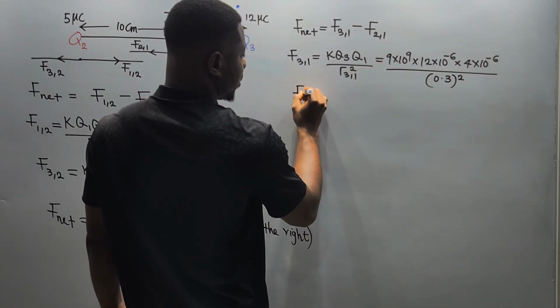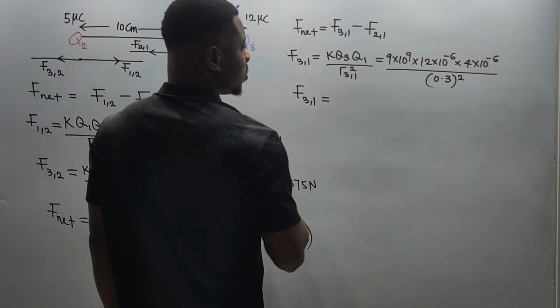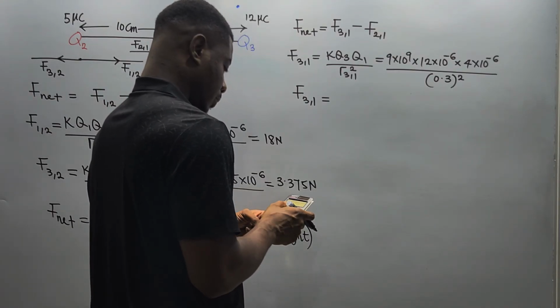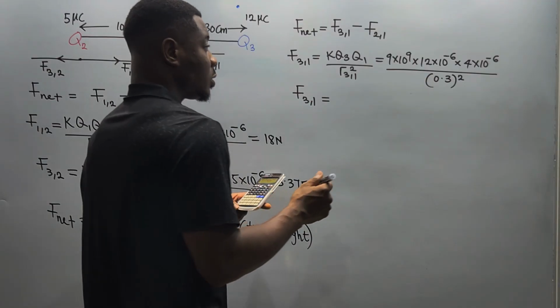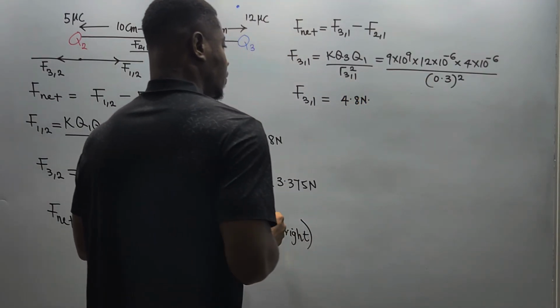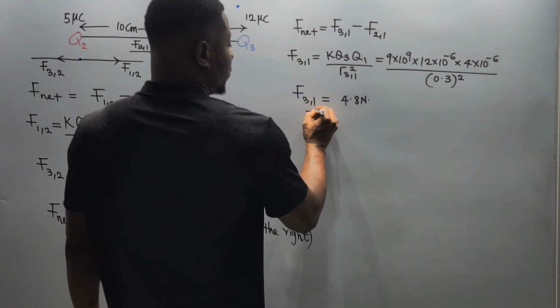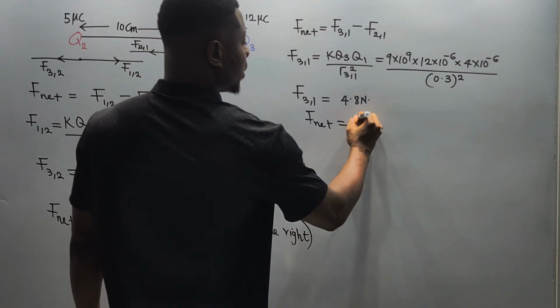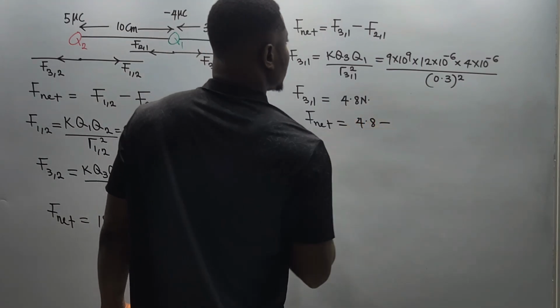So what is my F3 on 1? This was 4.8. So the net force is F3 on 1, which is 4.8, minus F2 on 1.